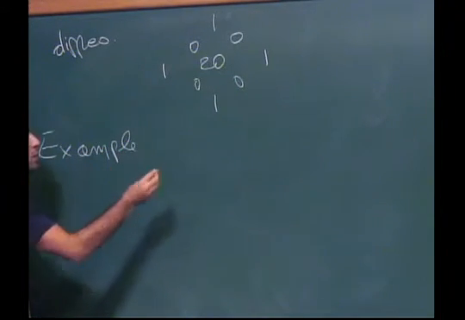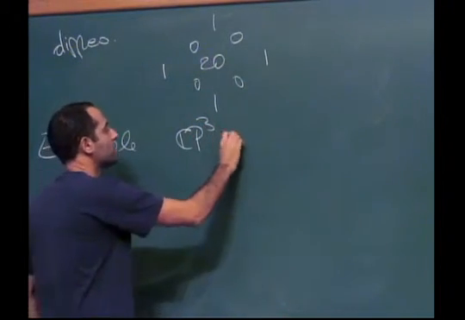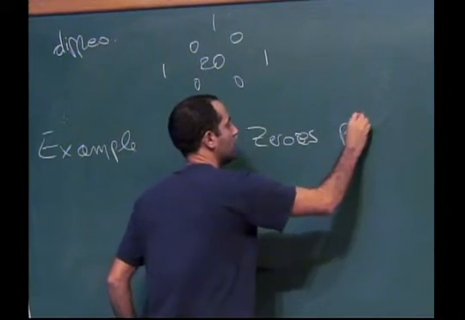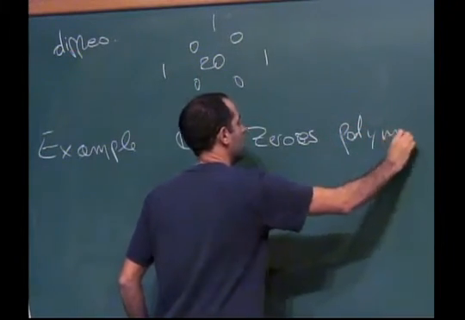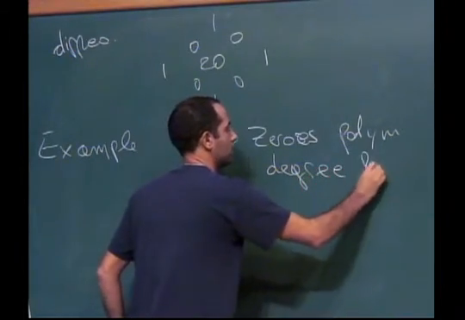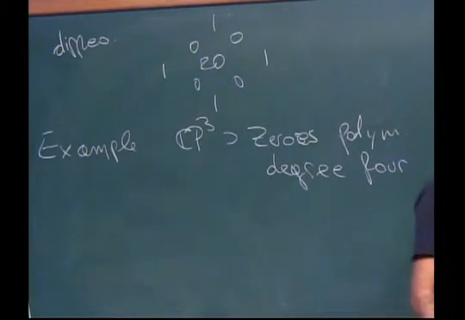Just look inside of CP3 and look at the zeros of a homogeneous polynomial of degree 4. If you're very unlucky, this is going to be singular, but if you move a little bit the coefficients, it's going to be a smooth surface, and that smooth surface is going to be a K3 surface.